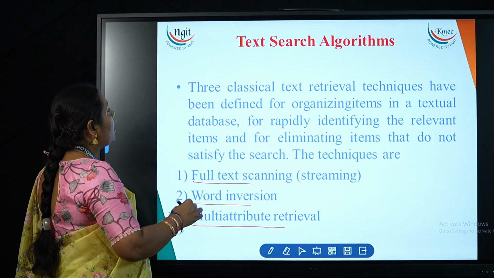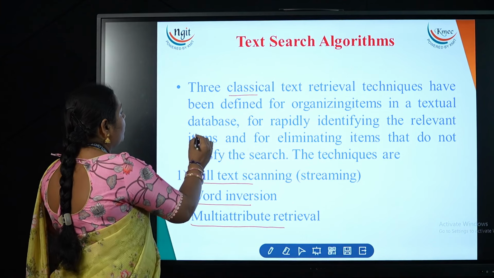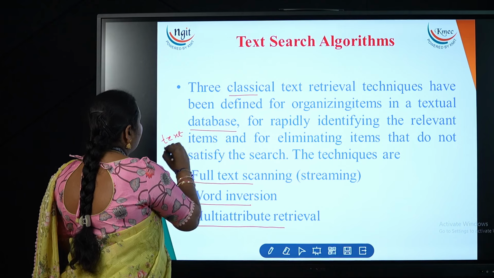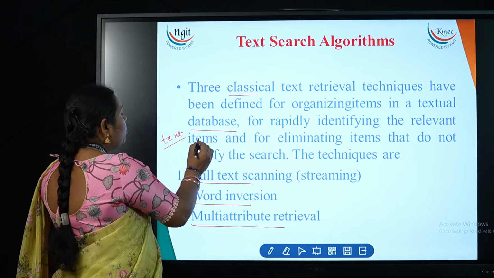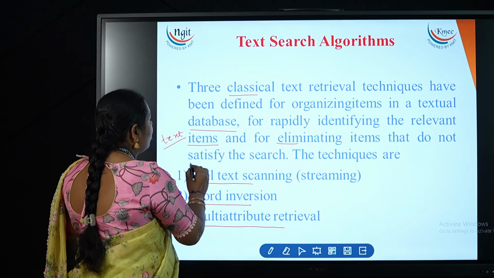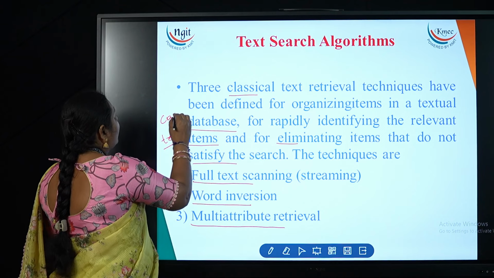So we have different types of classical text retrieval techniques in the database. We have to work only on the textual database because I am talking more about text. We have to identify the relevant items and eliminate the items which are not satisfying your search. For example, I am checking a word called cat.